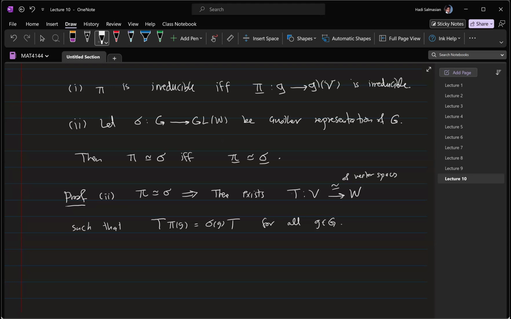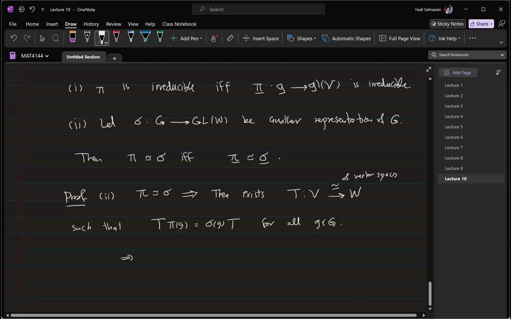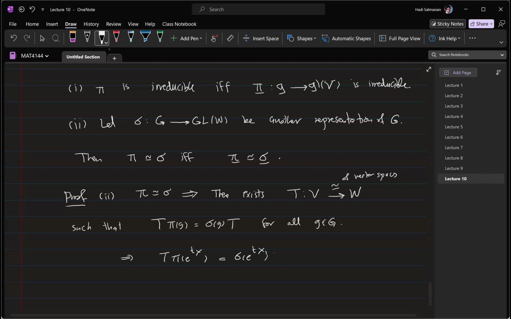The other direction does. The Lie algebra elements are just the tangents to e^(tX), these exponential maps. So why don't we plug in e^(tX) here? Then this means that T π(e^(tX)) equals σ(e^(tX)) T for all t in R.